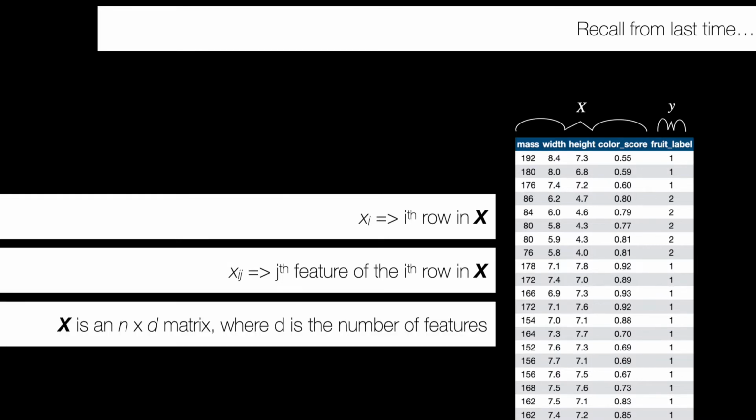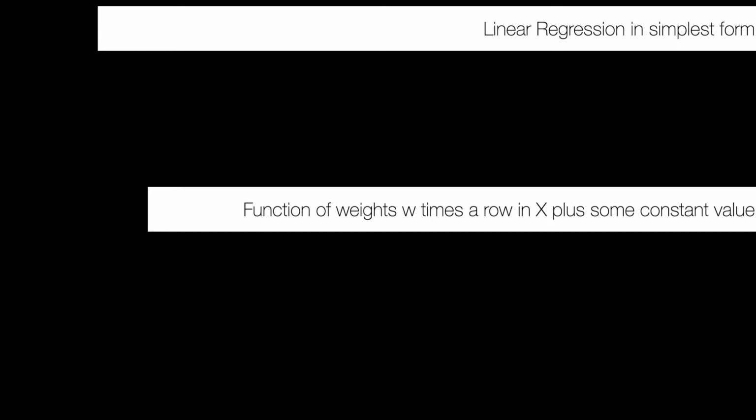So X, as we've mentioned, is a data matrix, but it is of n by d, where n is the number of samples or elements we have, and d is the number of features that we have. And we can enforce fewer features for simpler models, as we've talked about. So here, in linear regression's simplest form, we want to capture something about the relationship between these features and this fruit label column.